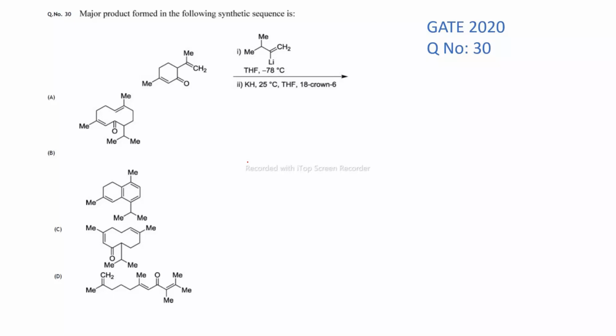One attack is possible at the keto group, another at the double bond, normally not preferred. Another is 1,4 addition, right? So will it attack the keto position or the unsaturated double bond, where the methyl is attached?